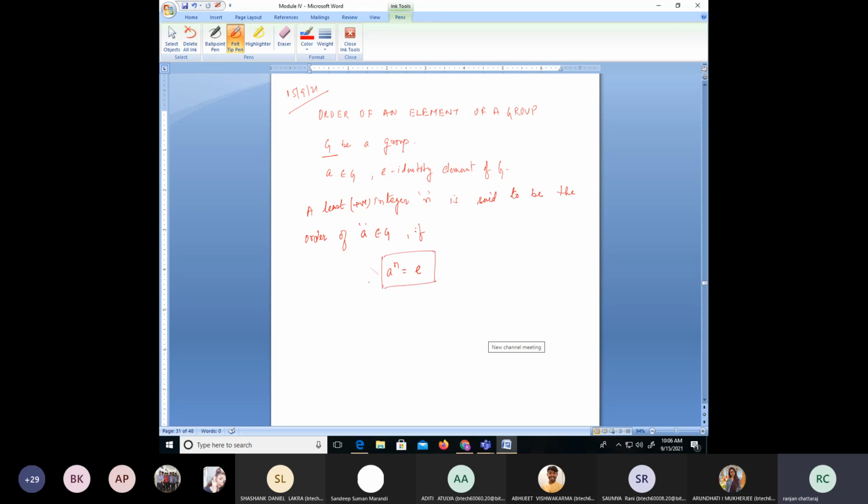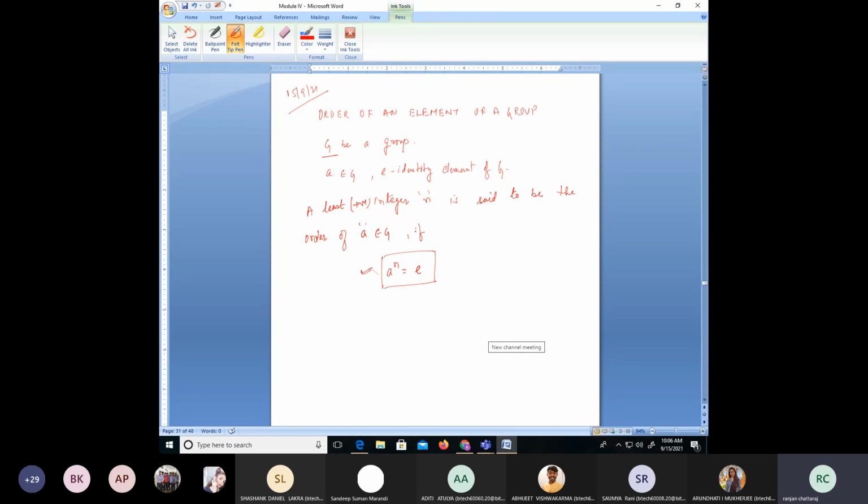Is it clear? So what is the order of an element? Suppose G is any group with any binary composition, and E is the identity element of that group. Now, if you consider any element A that belongs to G, then what should be the order of that element? The order of any element is a positive integer, but not all positive integers, the least positive integer which satisfies this condition.